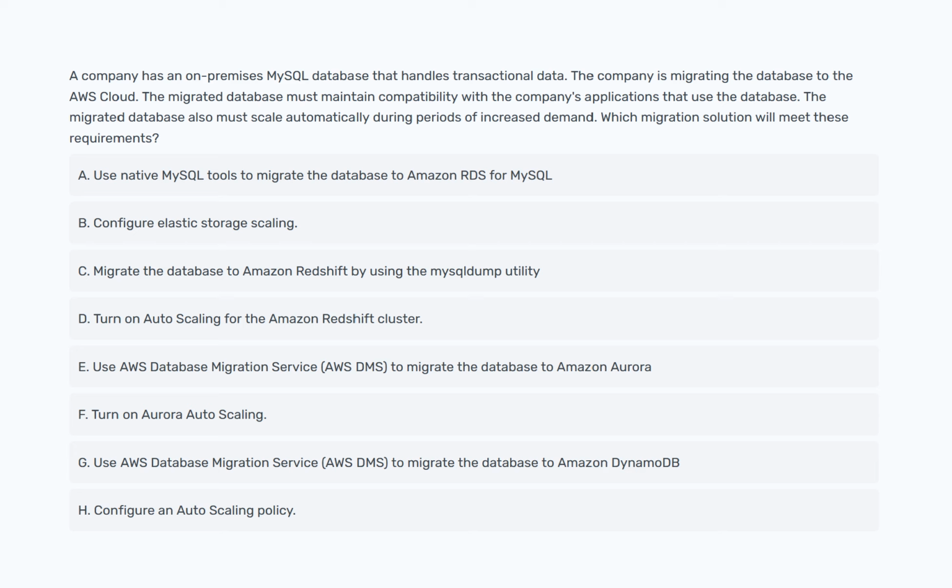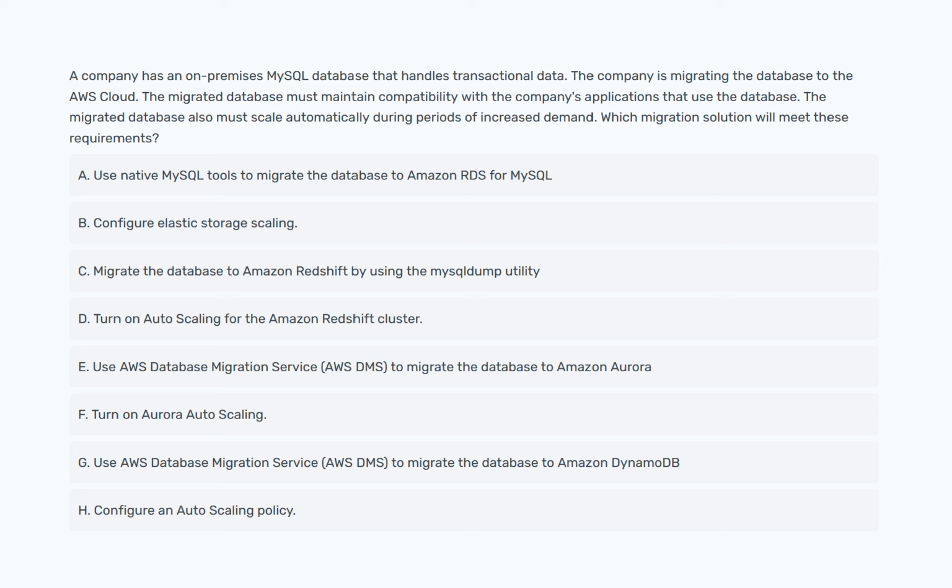When you were talking about the migrated database also must scale automatically, it comes into our mind: use AWS Database Migration Service (DMS) to migrate the database to Amazon Aurora. That's going to be one of the answers. And then you possibly have to turn on Aurora auto scaling to make it automatically scale during the demand, right?